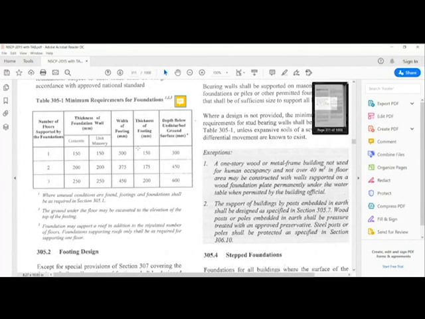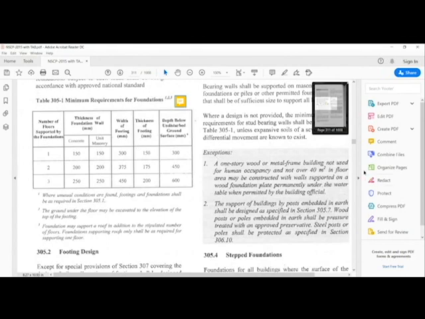If it's one story, the minimum thickness is 150 mm. If it's two story, the minimum thickness is 175. And if it's three story, minimum is 200 millimeter.